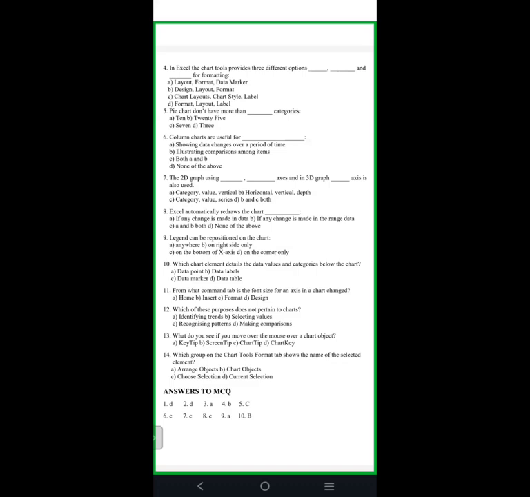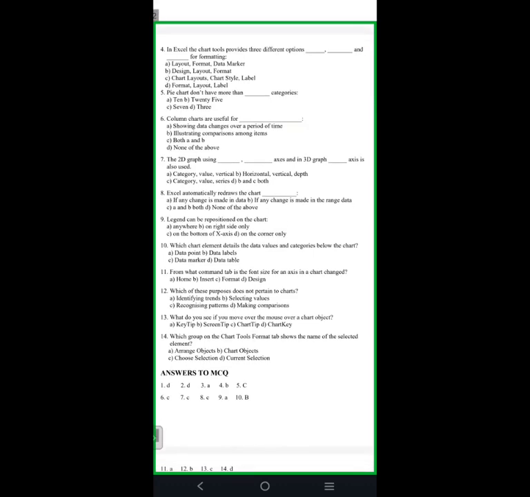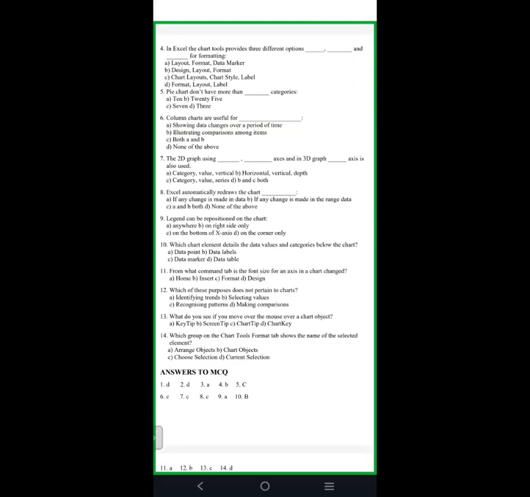Legend can be repositioned in the chart anywhere. This chart element details the data values and categories below the chart. Data labels. From what command tab is the font size for an axis in a chart changed? Home ആണ്.